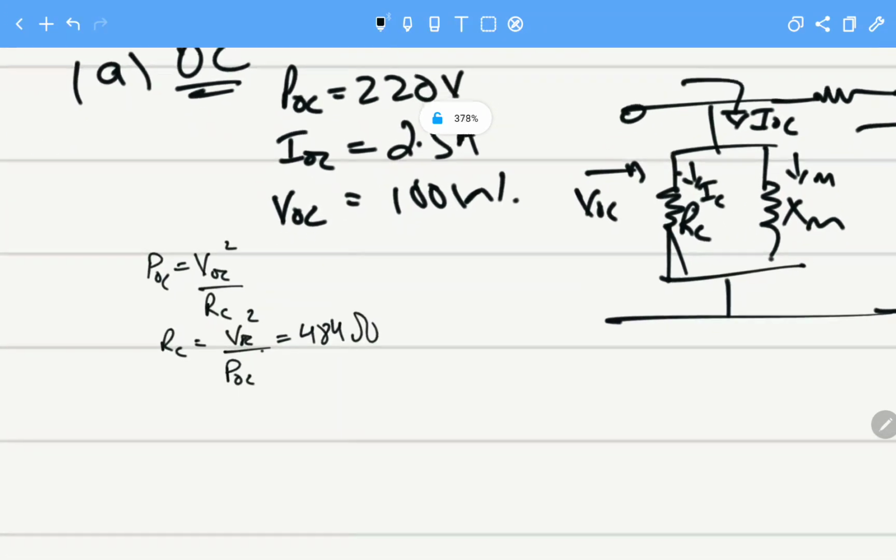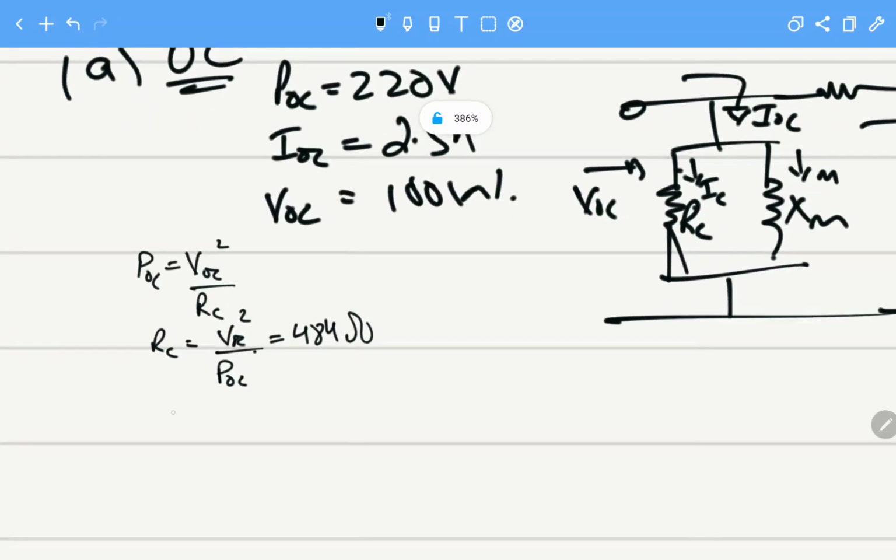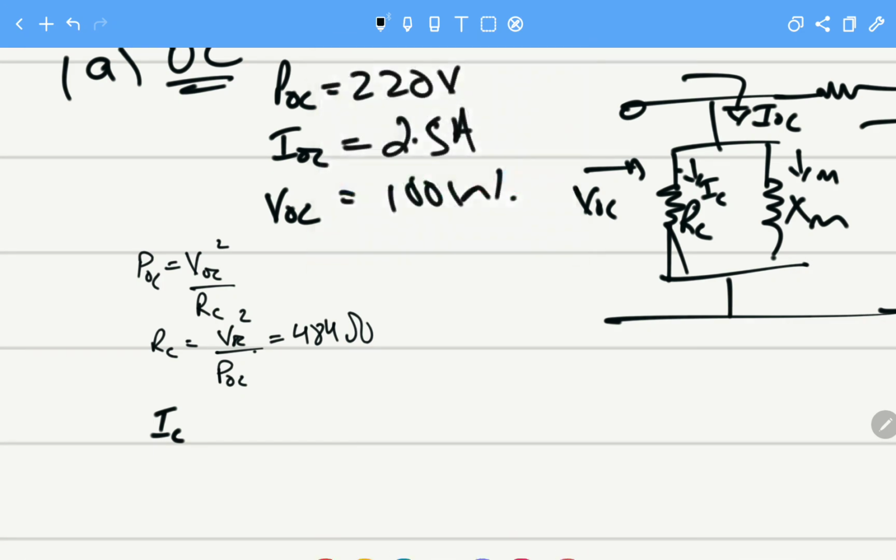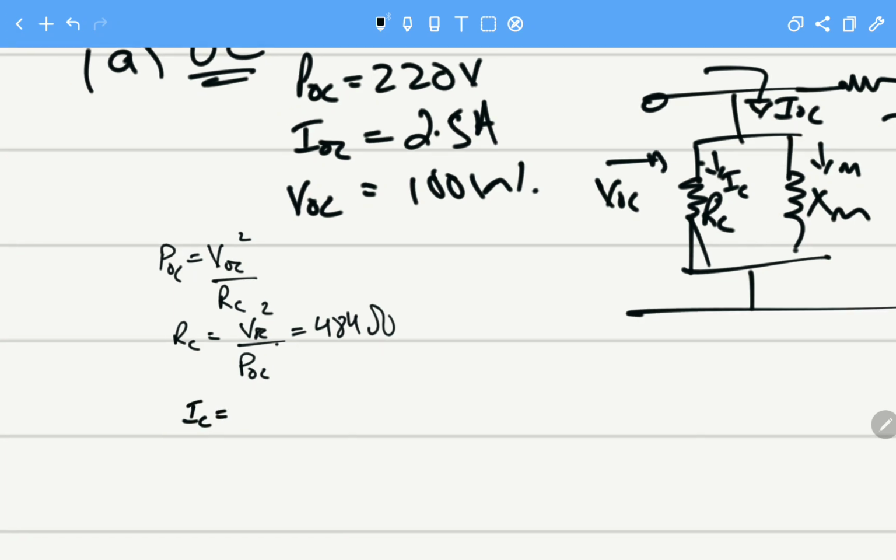So I can calculate IC equals the voltage across the resistor divided by the value of the resistor that I have calculated. So I can calculate 0.45 amperes.